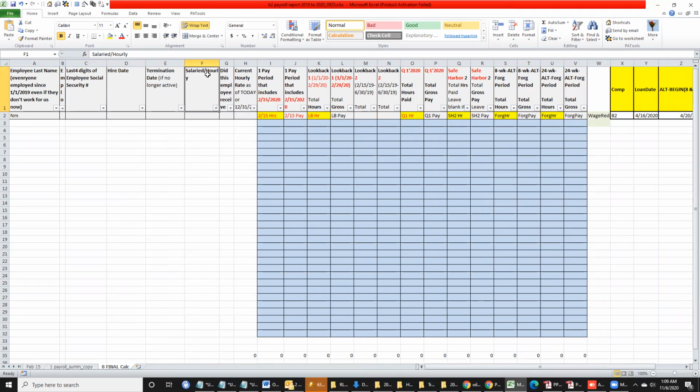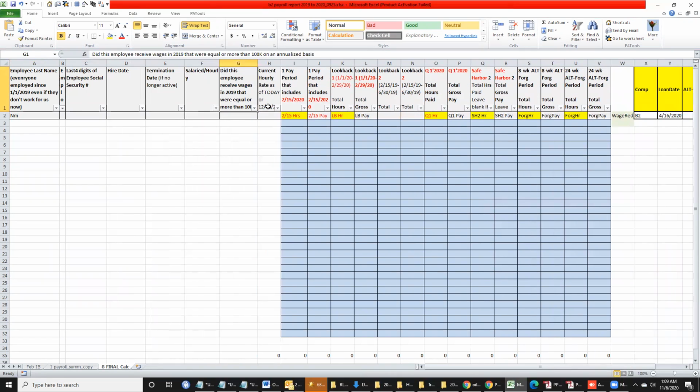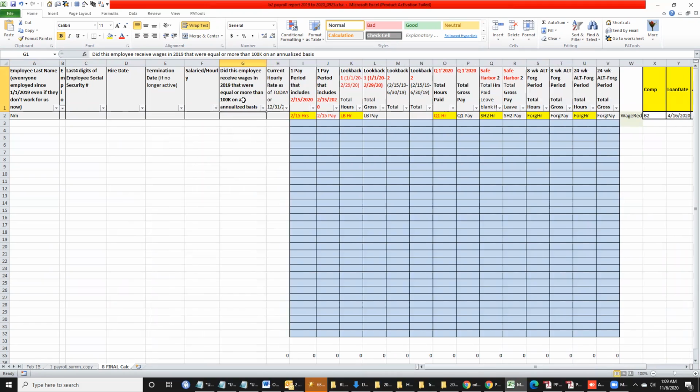Is this person classified as salaried or hourly? Does this person receive 2019 wages in any period that exceeded 100K? Keep in mind, the person could have worked only 6 months in 2019, and if in 6 months they received 51,000, the answer would be yes, because they were working on an annualized basis of 100K.